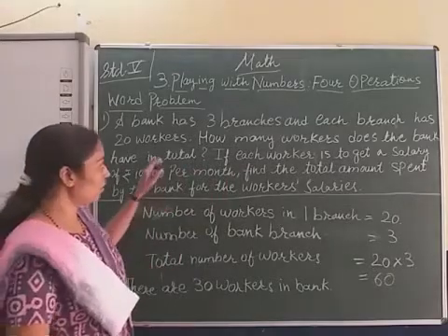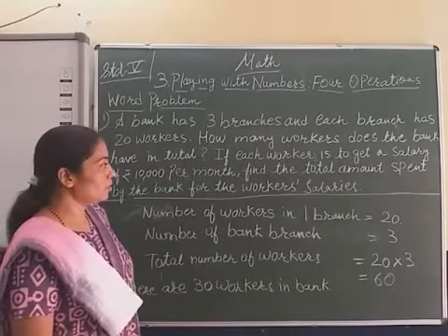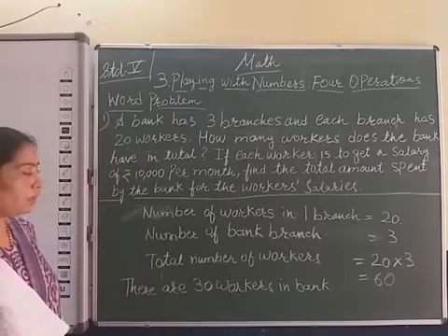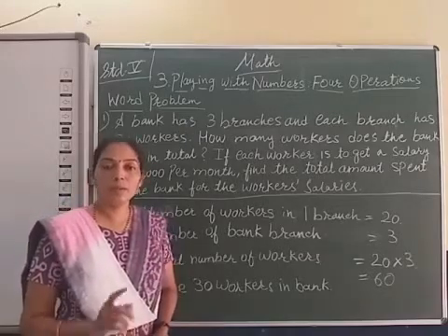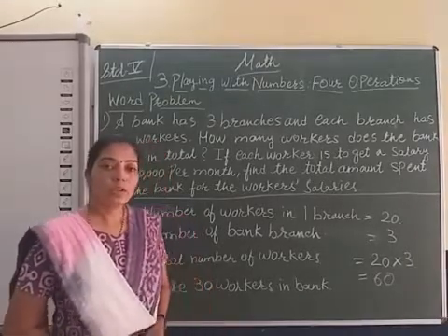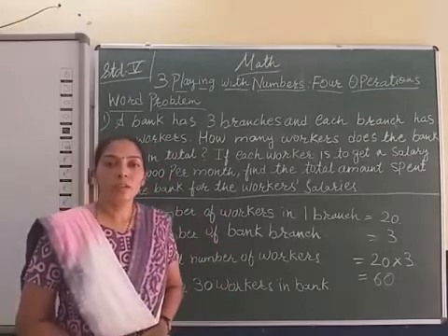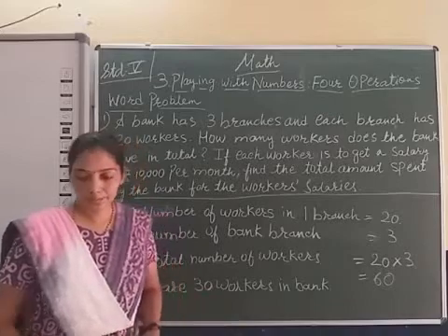Now we will find the second solution. If each worker is to get a salary of rupees 10,000 per month, that means one worker gets a salary of 10,000 for 1 month. So we have to find the total amount the bank spent for the workers' salary.